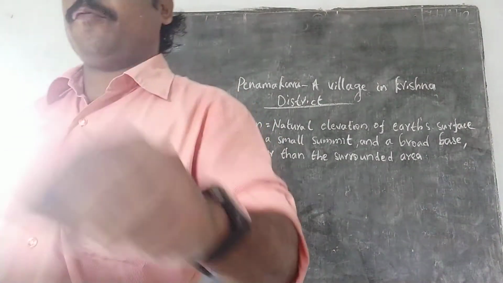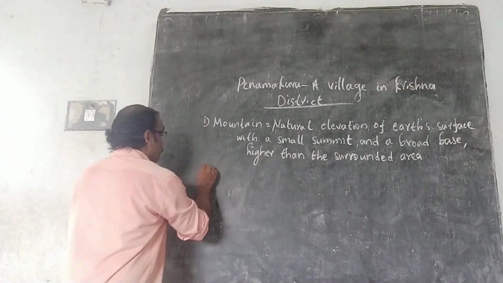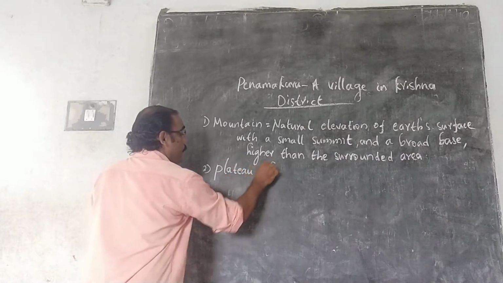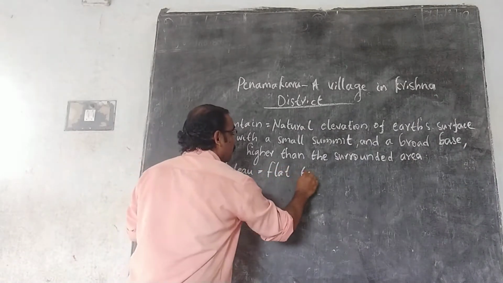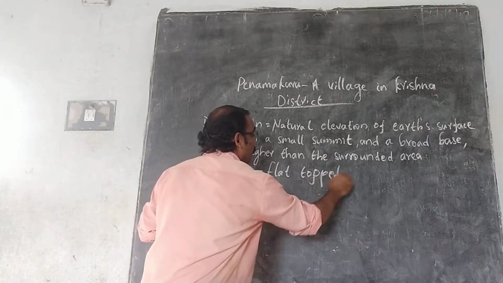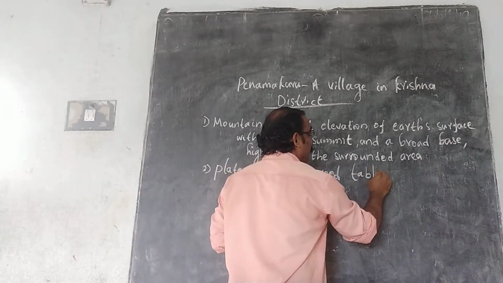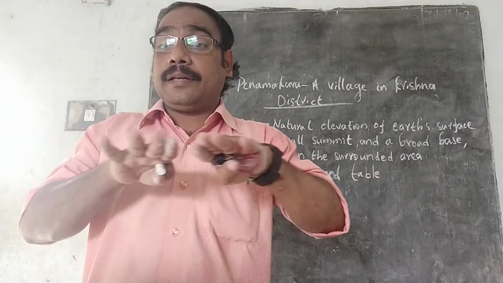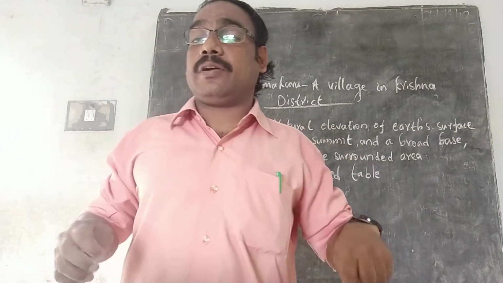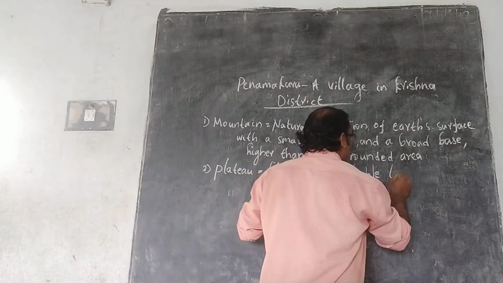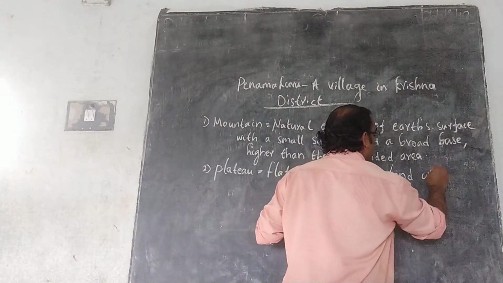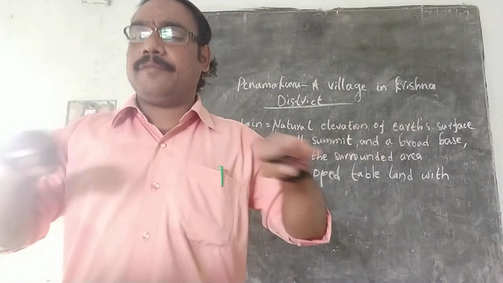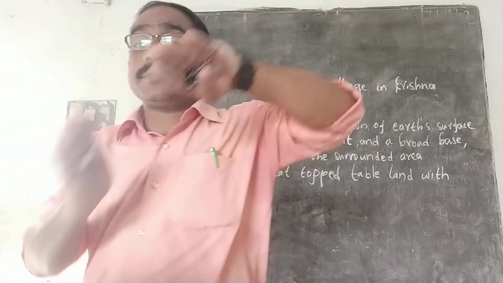Coming to plateau: flat-topped tableland. It will always be flat, stretching like that, and at the same time there will also be steep slopes.